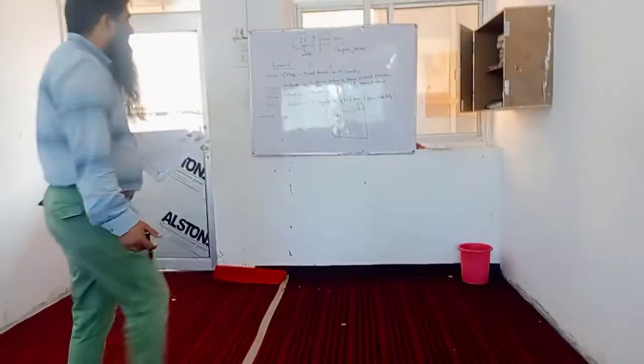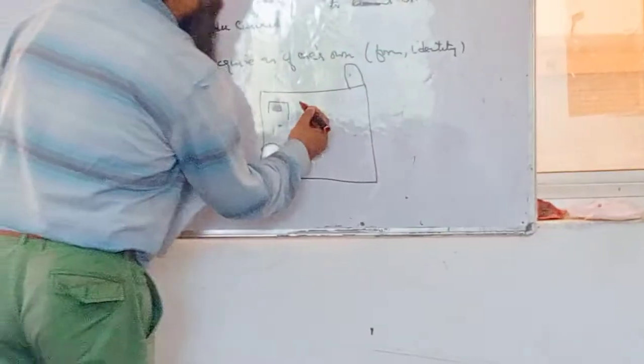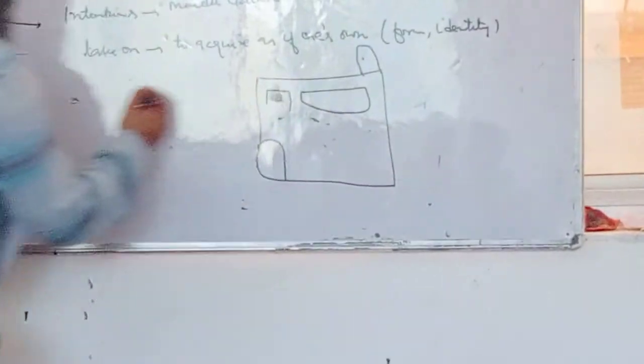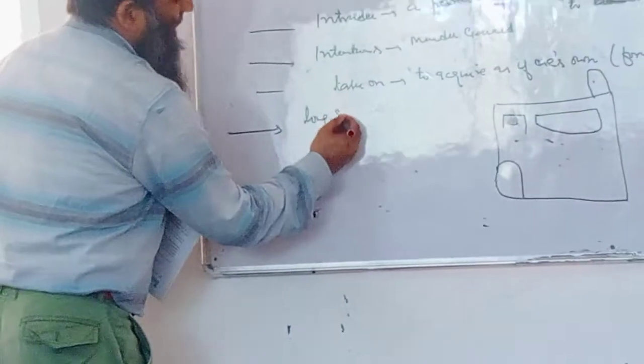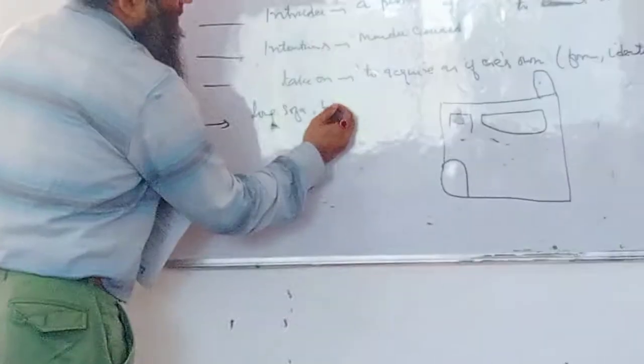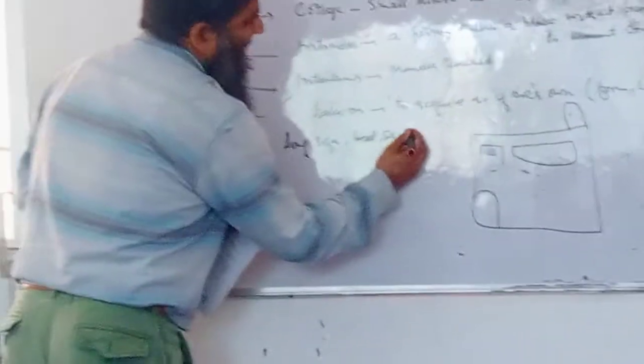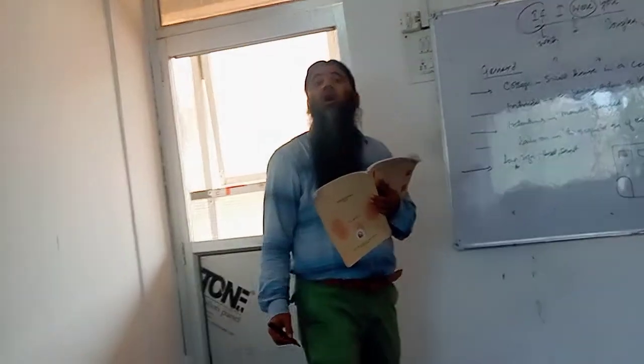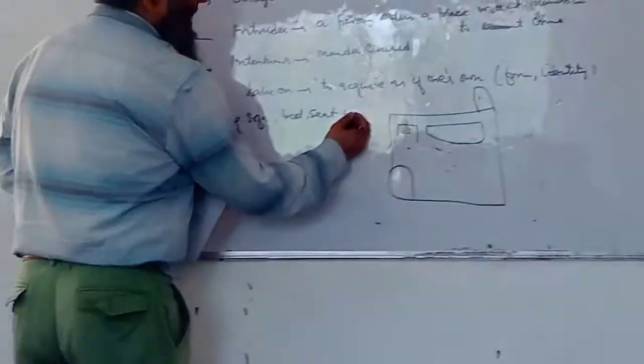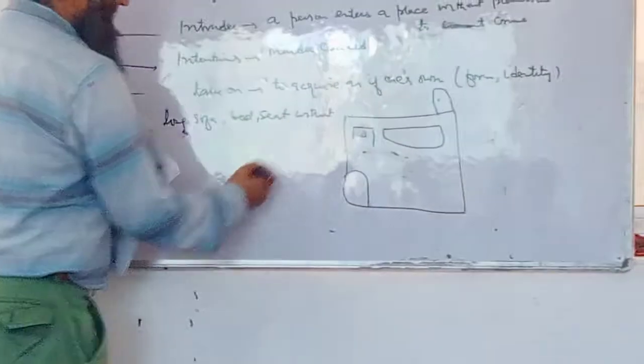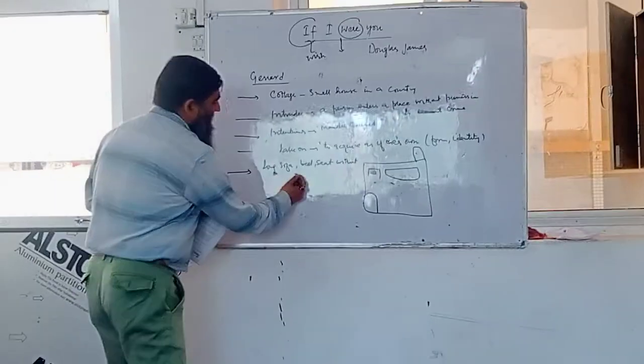And a divan rather upstage. Divan means a long sofa, or we can say a bed, or a seat without arms. So a long sofa, bed, or seat without arms is known as a divan.